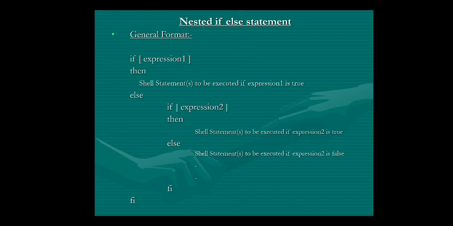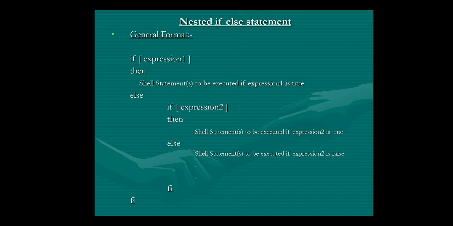Now in nested form, if [ expression 2 ], then shell statements to be executed if expression 2 is true, else shell statements to be executed if expression 2 is false. And we can add more nested if else statements in the program as per the requirement of the logic.